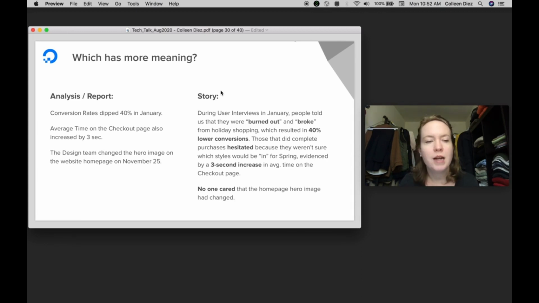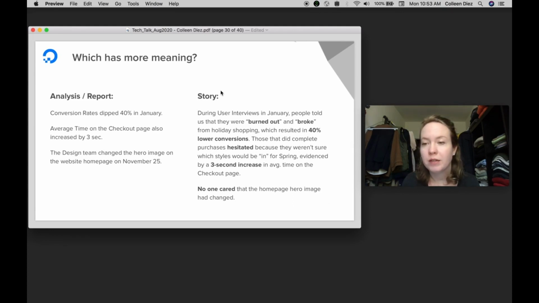So from this report, you might assume that these three things are connected, that there is a story here. The company I formerly worked at did have a very similar analysis for one season when we were looking at some of our data.